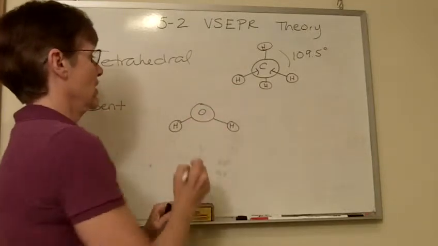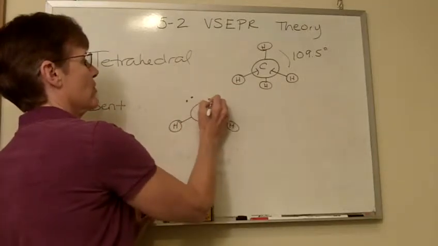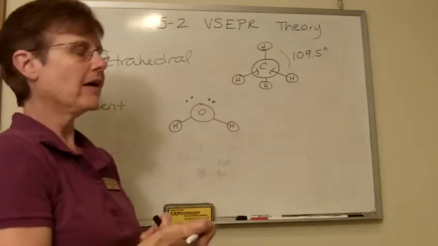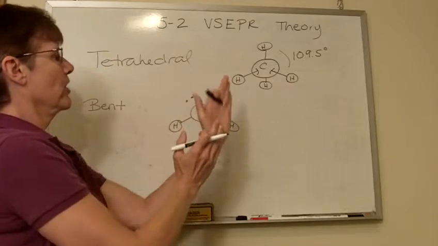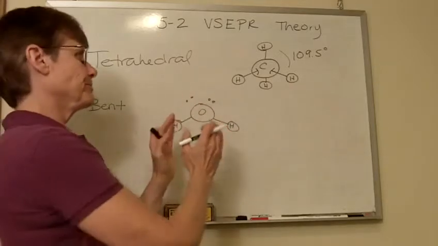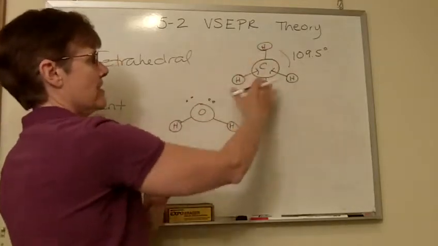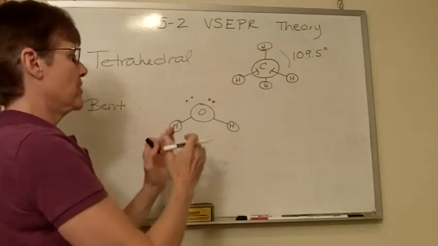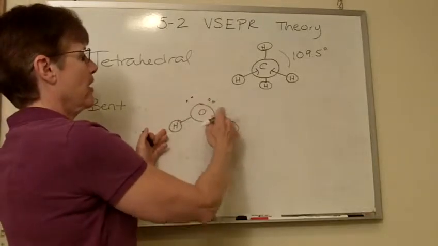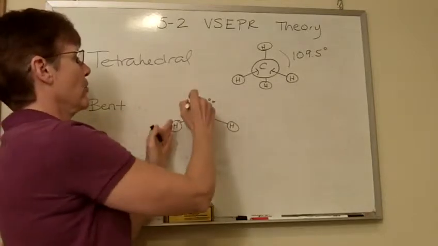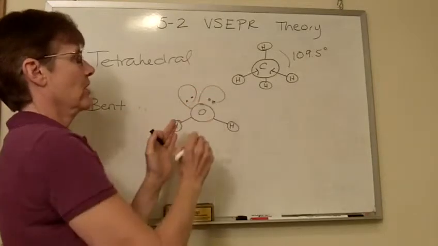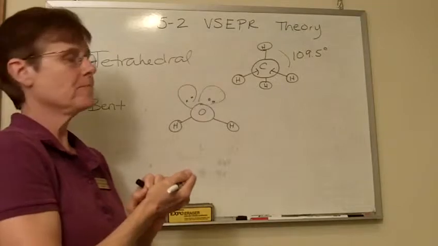So here's our oxygen, and it has 2 unshared pairs of electrons that we can just draw like that. But in reality, maybe one of those pairs is out from the board and one of those pairs is back in the board. So it really kind of takes this same shape, except that we only think about the 3 atoms, and that's why we call it bent, even though if you thought about all of the electron clouds, it would be more like tetrahedral.